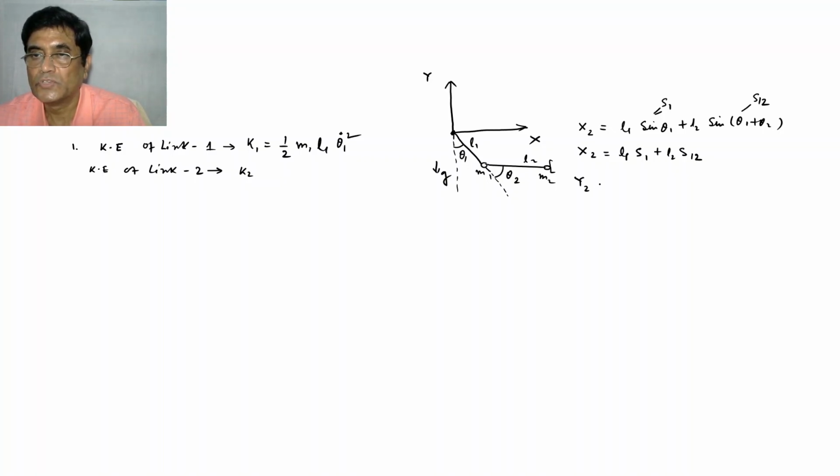Similarly, y2 will be minus L1 cos theta 1 minus L2 cos theta 1 plus theta 2. We will resolve this because we need to calculate the velocity at point 2, v2. Okay, let us call it.